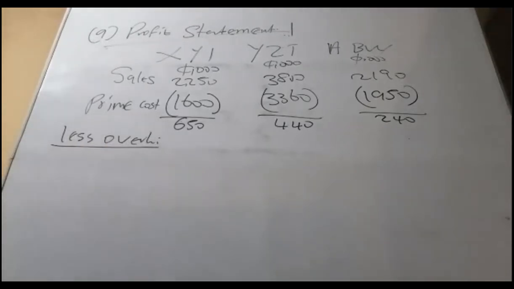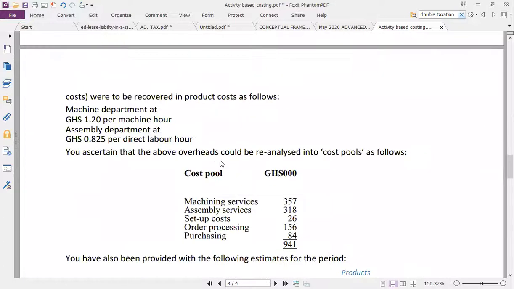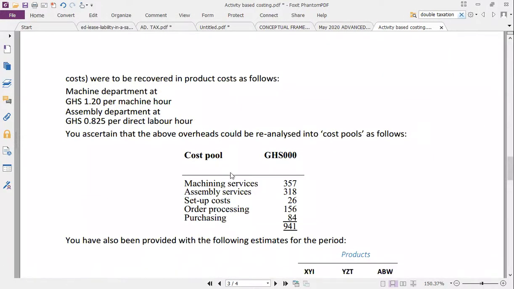So here, as usual, I have to go by the steps. Let's go and line up all the overheads in this question. The overheads are five in number: machine, assemble, setup, order processing, and purchasing.